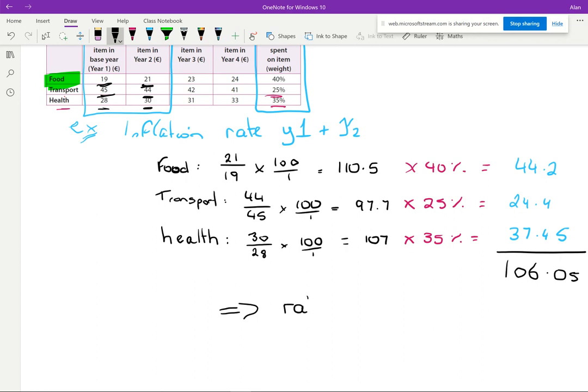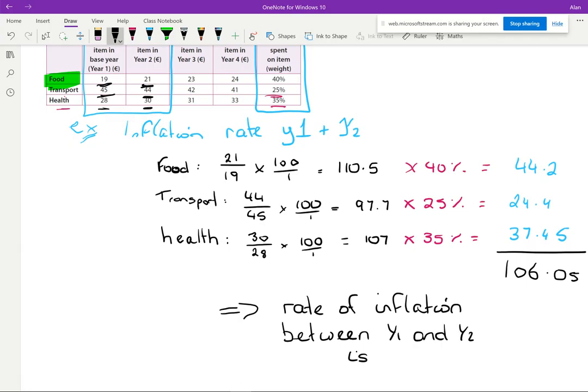So the rate of inflation between year 1 and year 2 is 6.05%.